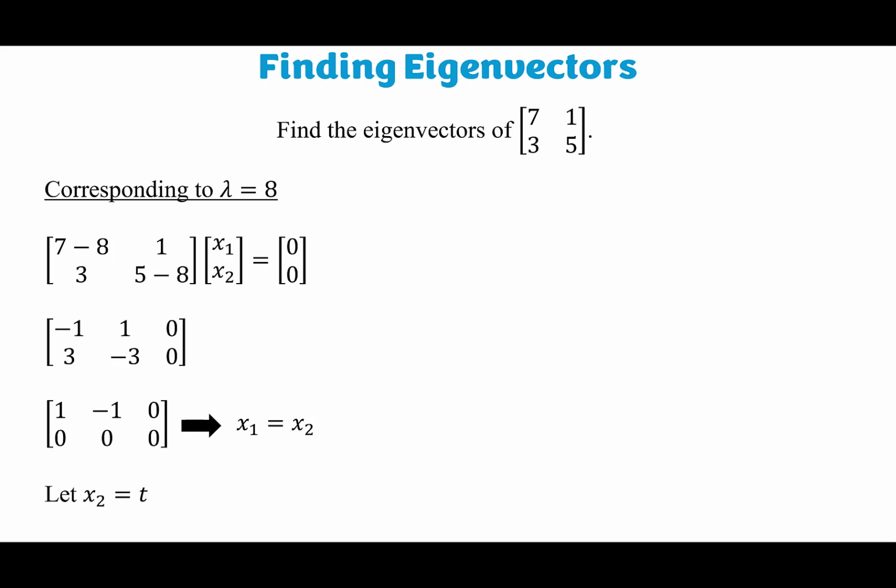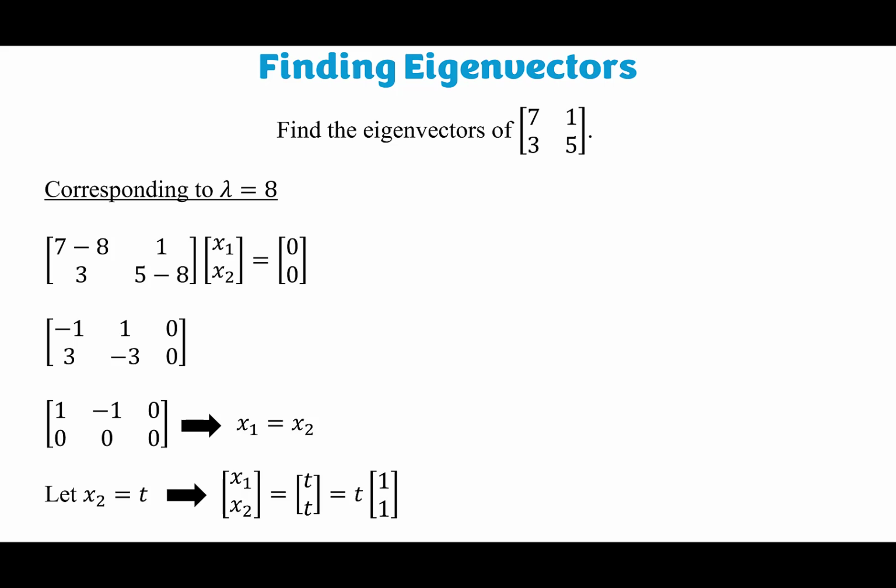We can let x2 be a parameter t, right, where t is any real number. And that means the vector x that corresponds to the eigenvalue of 8 is t, t, and you can factor out that t to have t times the vector 1, 1. So really, any scalar multiple of the vector 1, 1 is an eigenvector, except when t is equal to 0. Because remember, by definition, eigenvector is non-zero.